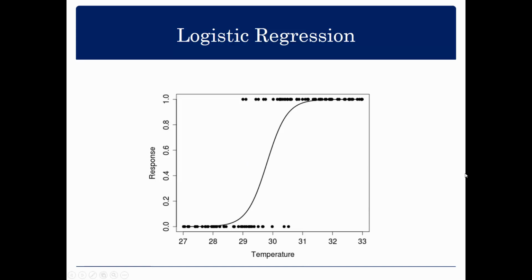In logistic regression, the data itself, the outcome, is a 0 or a 1. And what I'm trying to do here, notice I have an association between the x-axis, which is temperature, and the y-axis, which is a yes or a no. A 0 indicates the event didn't happen, and a 1 indicates the event did happen.